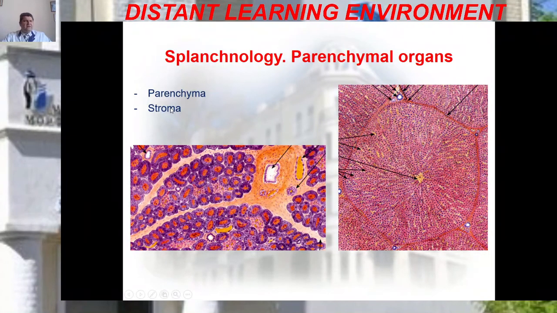These cells of connective tissue form the soft skeleton of the organ, and they divide these cells and form structural functional units of the organ. For example, you may see the liver lobule as the unit of the liver.